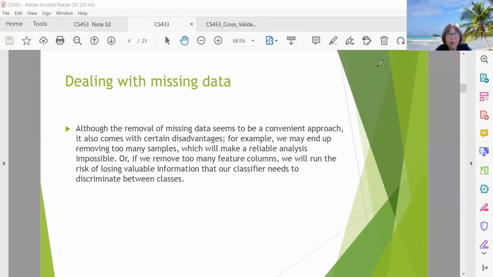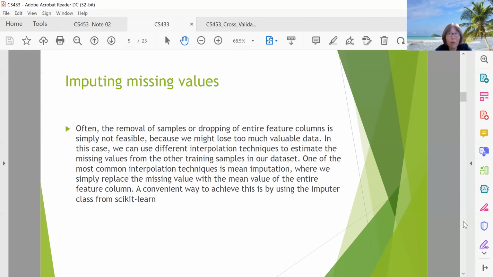So that's not ideal. Then what is imputing missing values? We can use different interpolation techniques to estimate the missing value. One of the common ones is to use the mean value.